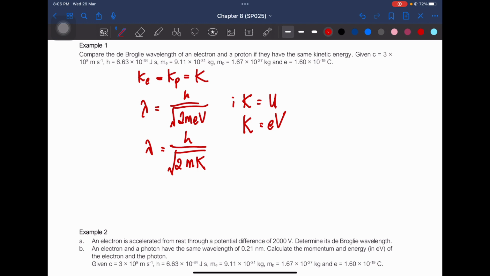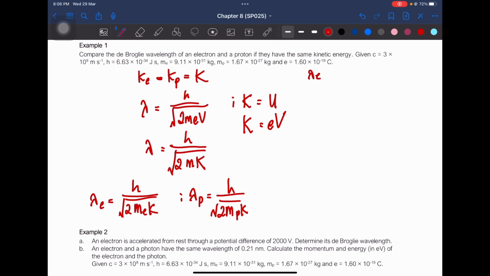Now we are going to let lambda electron be equal to h over the square root of 2 m_e K. They are the same K. And then do another one for the proton, so this is h over the square root of 2 m_p K. They ask about comparison, so we do a ratio between these two.